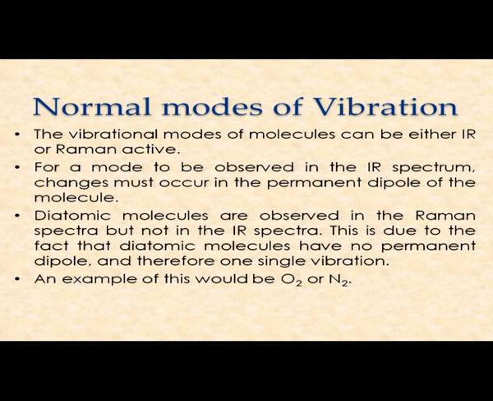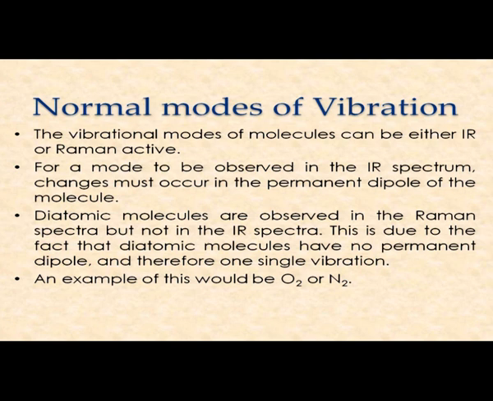The reason is that homonuclear diatomic molecules have no permanent dipole and therefore one single vibration. You know, a dipole means two equal and opposite charges separated by a very small distance. So, atoms inside the molecule will have a dipole property, while some will not. An example of this would be oxygen and nitrogen.